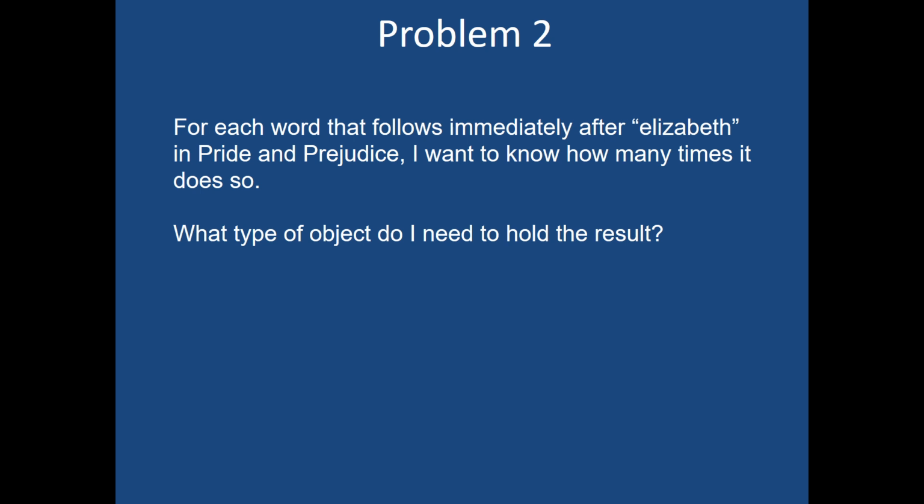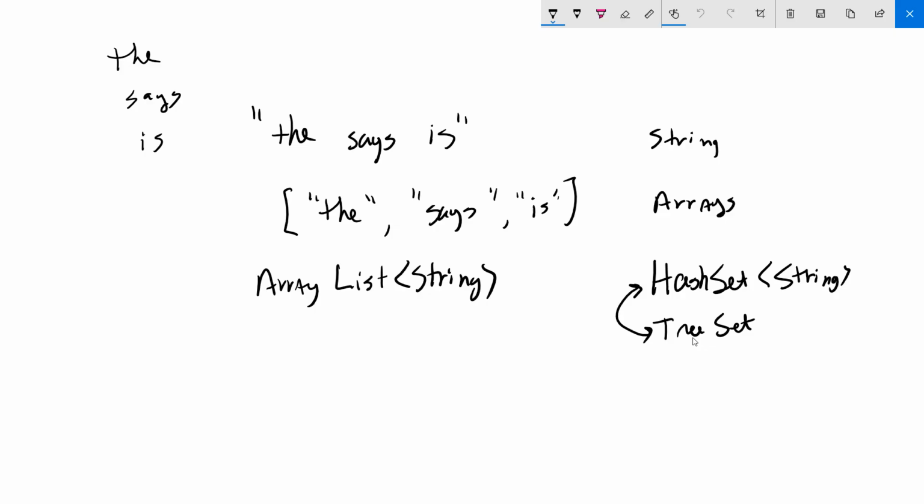Okay, you're suggesting an array list, so let's go back to the drawing board here. So my array list of what? What do I put in the angle brackets? String? But where does the count go? The count's an integer.